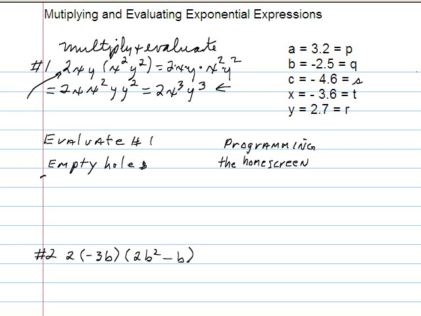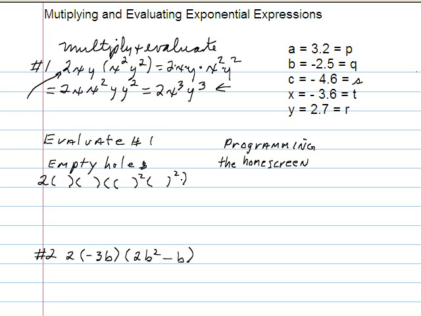So instead of writing 2x, I'll write 2 empty hole. Instead of y, another empty hole. Then I'll open bracket. Now here I have x squared, so here I'll put empty hole squared. And next y squared, so another empty hole, this one will be for y squared, and then close the bracket.